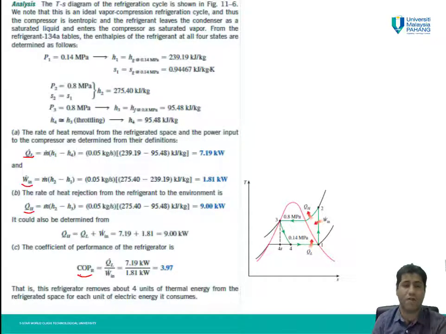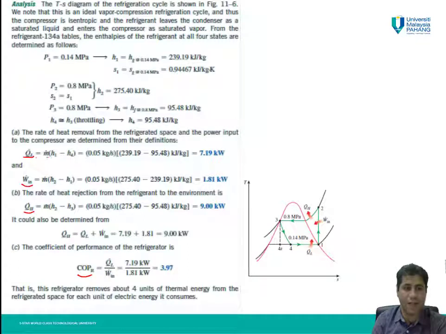As you know from the previous session, and also you can see in this graph, to find W dot in, Q dot H, or even Q dot L, we need to just understand how the energy is changed in this process based on the first law of thermodynamics.